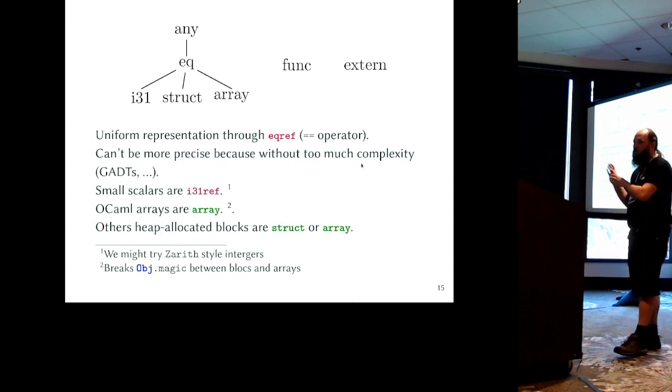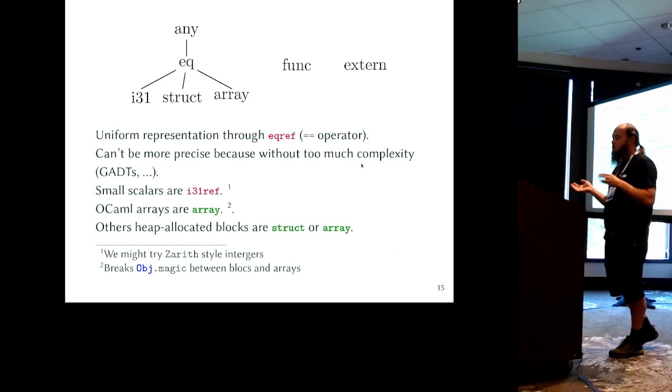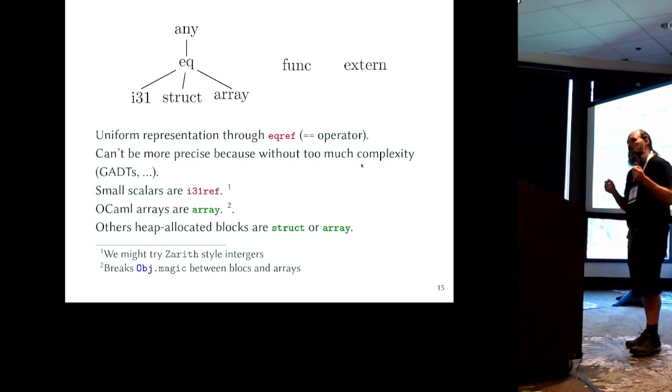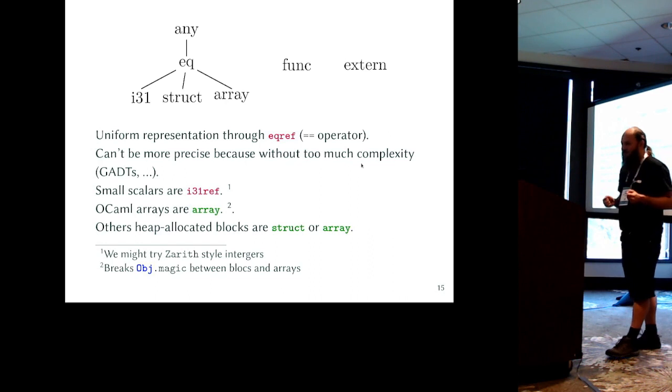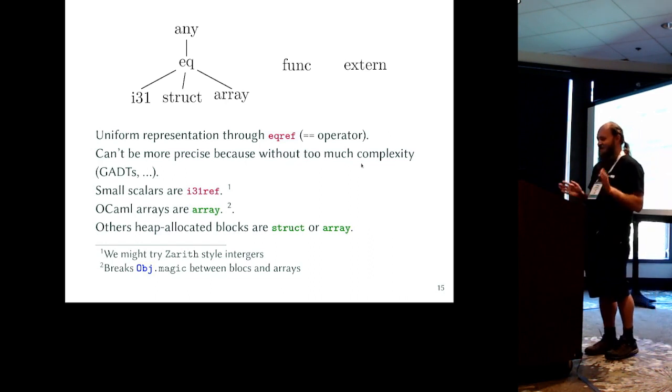And int32, int64 are not compatible with those types, but that's something that fits in any reference. So that's quite convenient, and we kind of pushed for that, and it was apparently not too much rejected. Otherwise, OCaml's arrays are represented as WebAssembly arrays quite naturally.